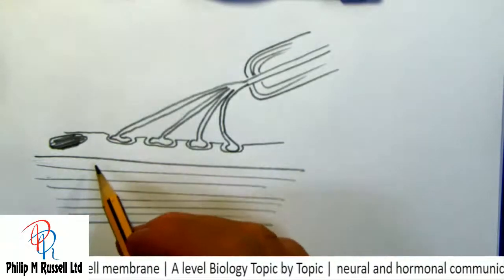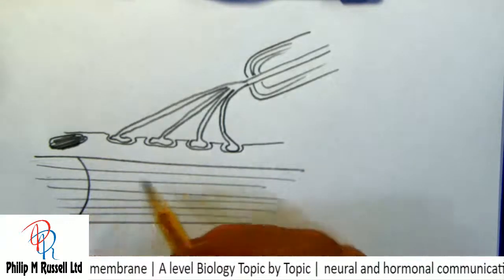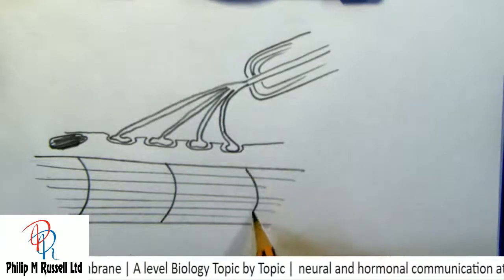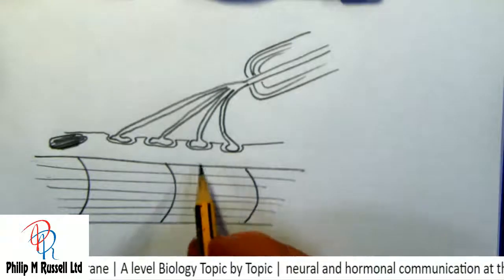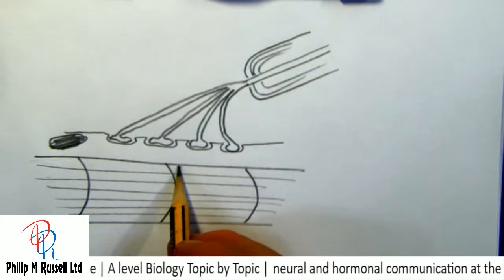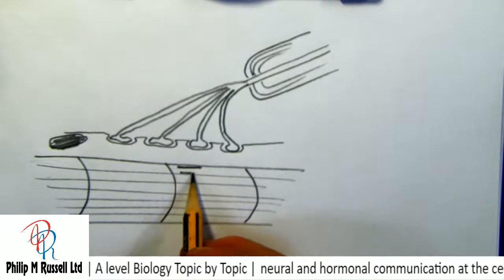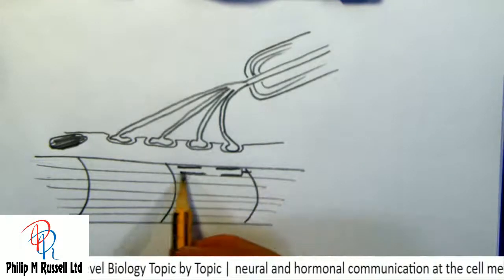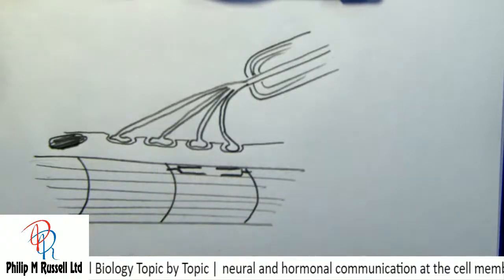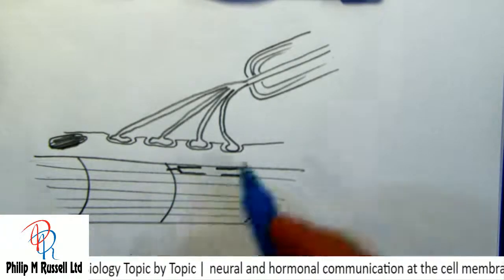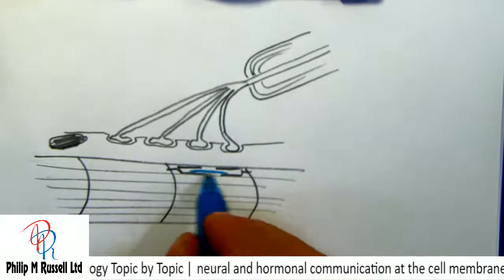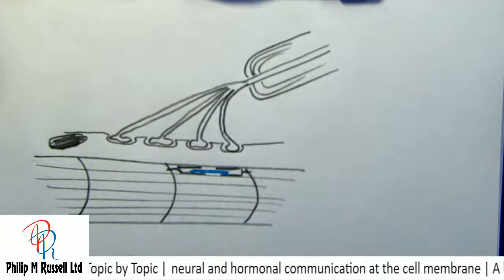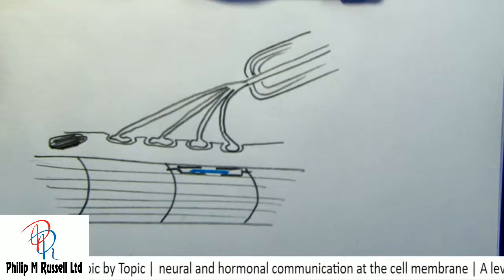We'll have our lines going on. If I just draw one of these, we'll have the actin up here, and if I draw in a different colour, we'll have the myosin in here. Obviously that's going to be throughout, and I'm just drawing one in there to show you.